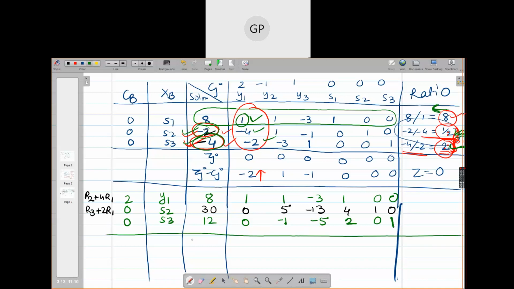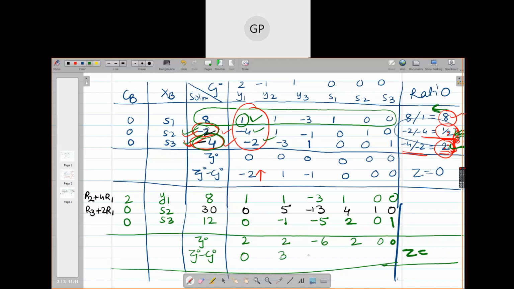Now you calculate the Zj's. It will be 2, 2, minus 6, 2, 2, 0, 0. Then 2 minus 2 is 0, 2 minus minus 1 is 3, minus 7, minus 7, 2, 0.